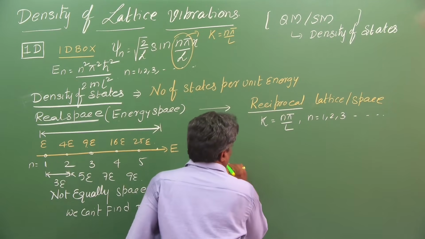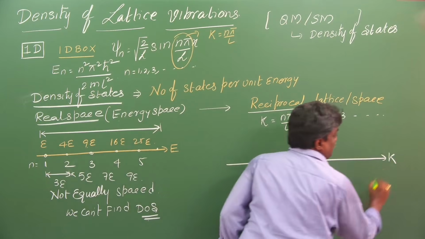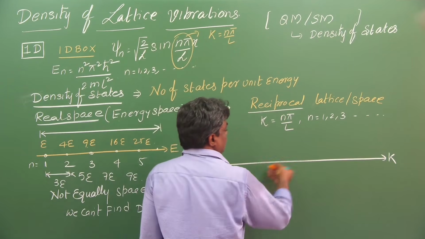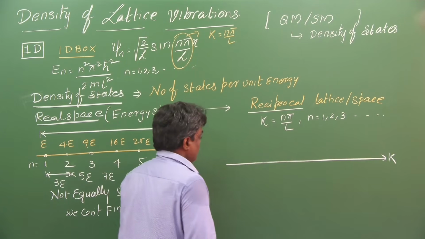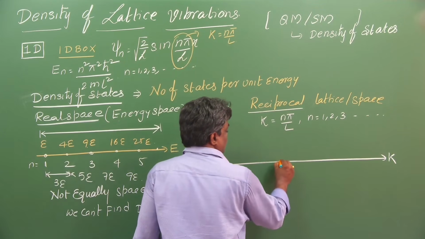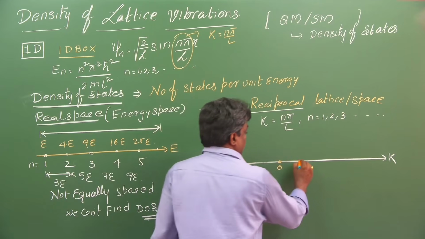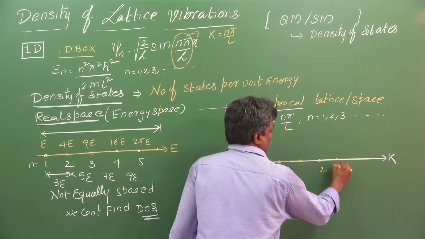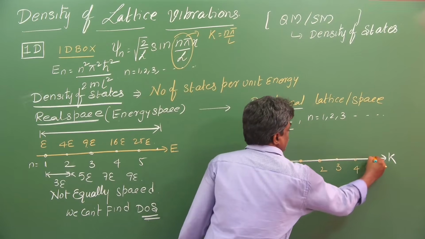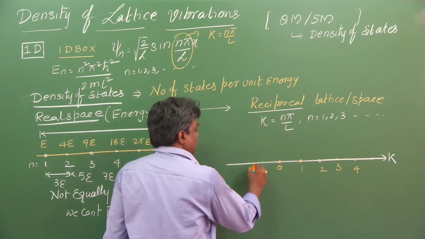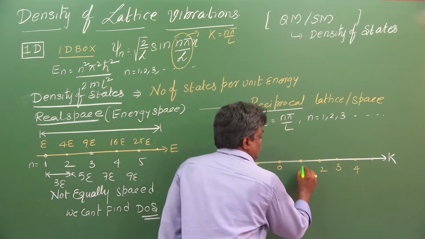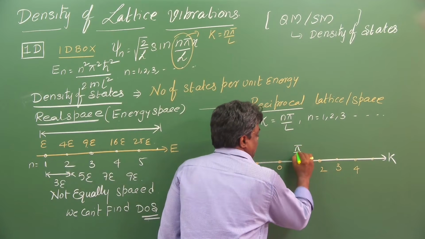You know. Now I am taking the k axis. Are you observing the board? Are you ready? Let us suppose here is the origin. Okay, this is the first point, n equal to 1, 2, 3, something like this, and so on. If it is n equal to 1, how much is it?